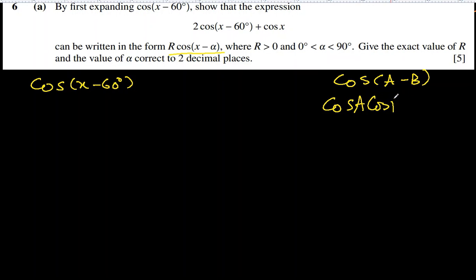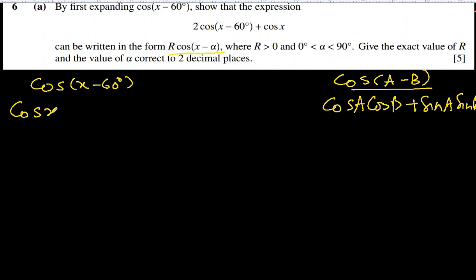Okay, so let's expand cos(x minus 60 degrees). The identity we'll have to use is cos(a minus b) equals cos a cos b plus sin a sin b. This is the formula for cos(a minus b), and that's what we're going to do here.